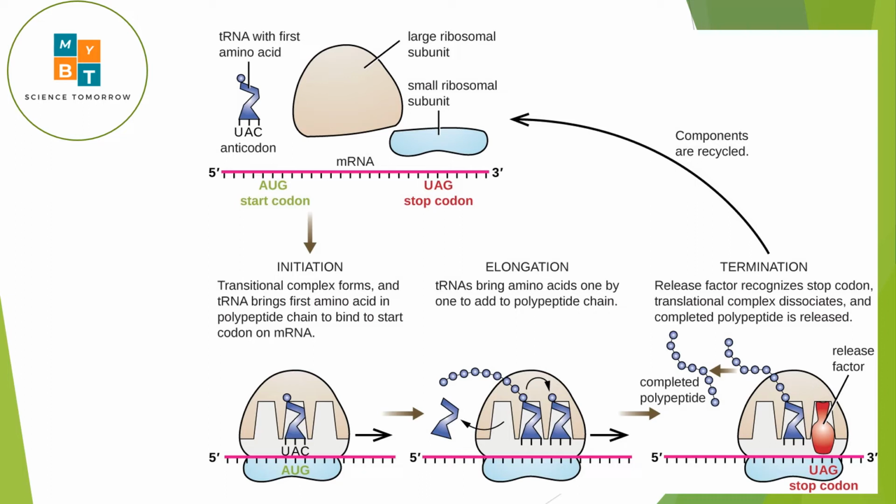That tRNA is aligned with the P site of the ribosome. There are three sites of the ribosome: E site, P site, and A site. So this tRNA, as in this figure, is at the initiation part, at the lower left side. Right, so that is initiation.